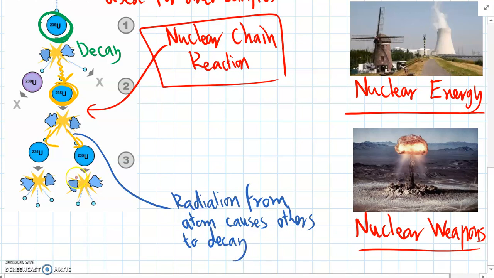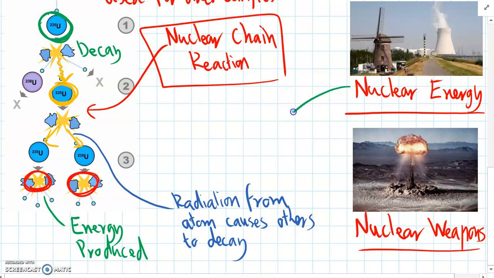And remember, whenever atoms are breaking apart and decaying, there's energy that's being produced. So in a chain reaction, there's lots and lots of energy being made. And that's how these processes work, the energy is what these processes use.